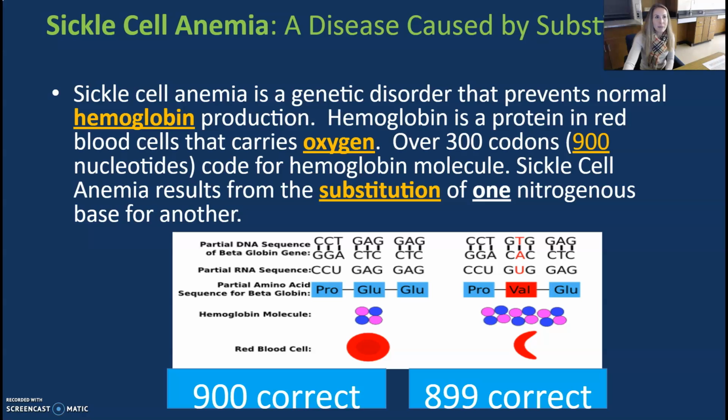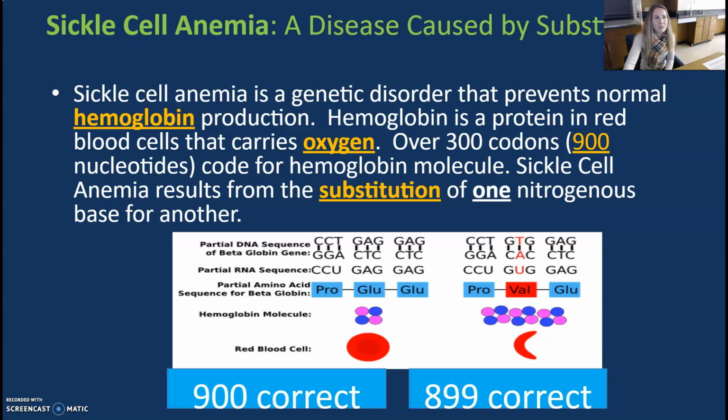Sickle cell anemia is a disease caused by substitution. What is sickle cell anemia? It's a genetic disorder that prevents normal hemoglobin production. Hemoglobin is a protein in red blood cells that carries oxygen. Over 300 codons, which is 900 nucleotides, code for hemoglobin molecules.